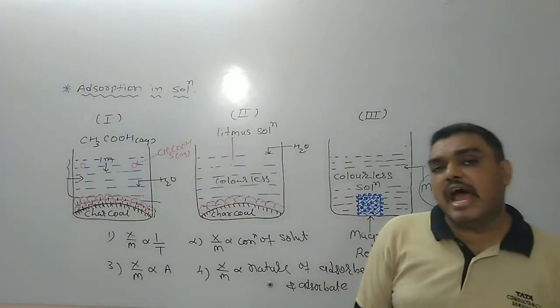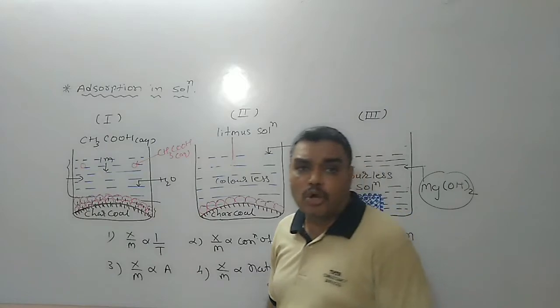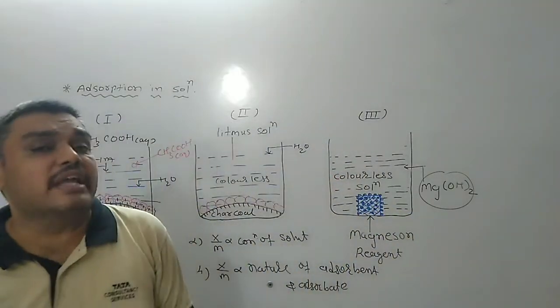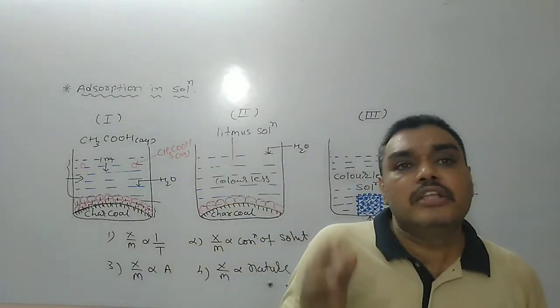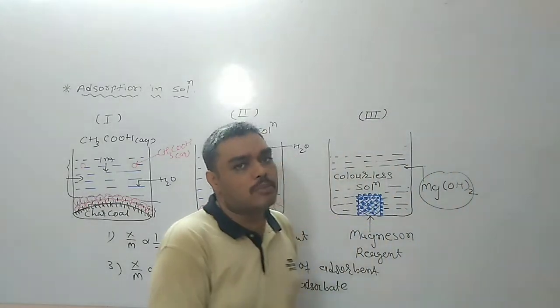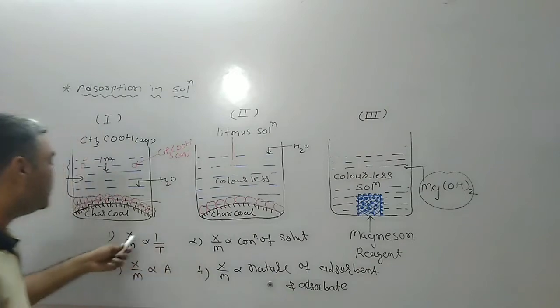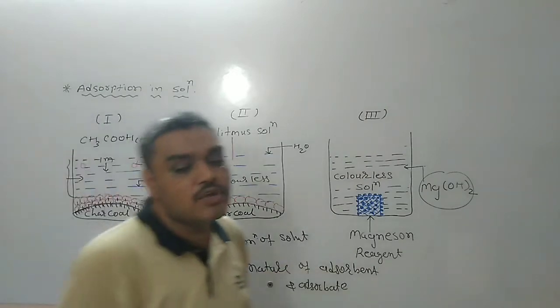You can consider that the adsorbent has a different tendency and different capacity to attract the solute particles, and that's why different proportions of adsorption take place. So these are the four different factors you will find.